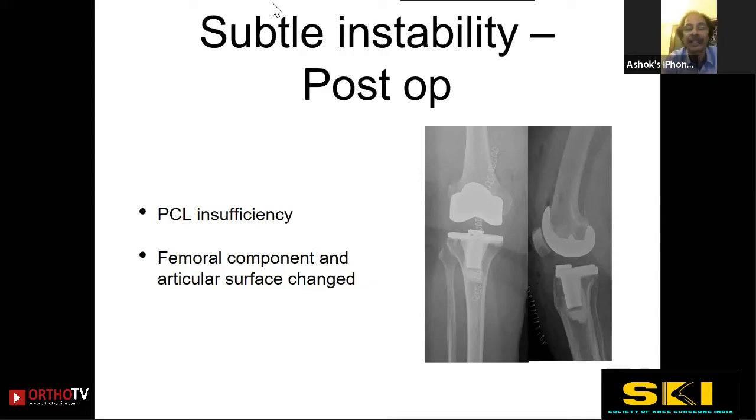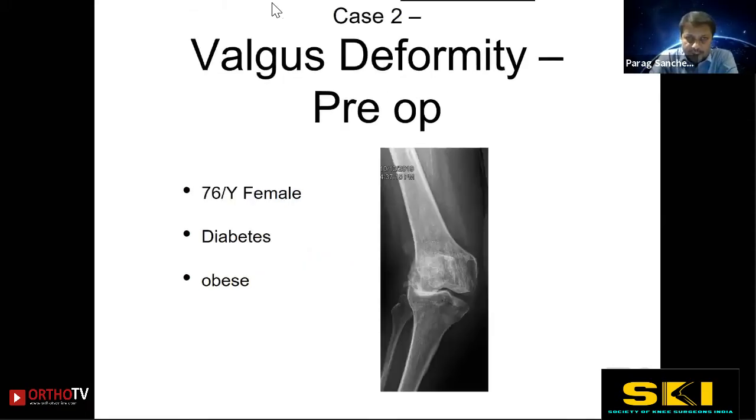In fact, there is a very elegant paper that came out in 2010 in the Journal of Arthroplasty. Single component revisions in the appropriate situations do just as well as full component, and there are very clear indications for both. Okay. So let's go to the second case, which is on the valgus knee.